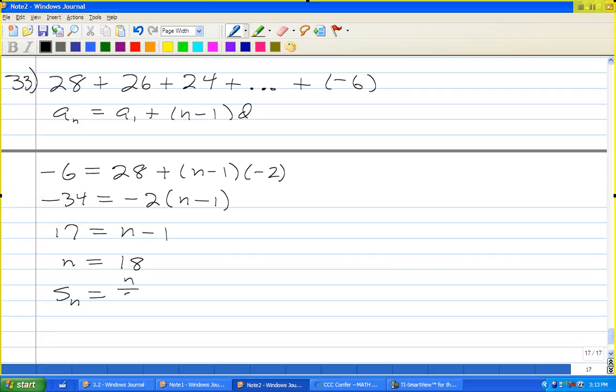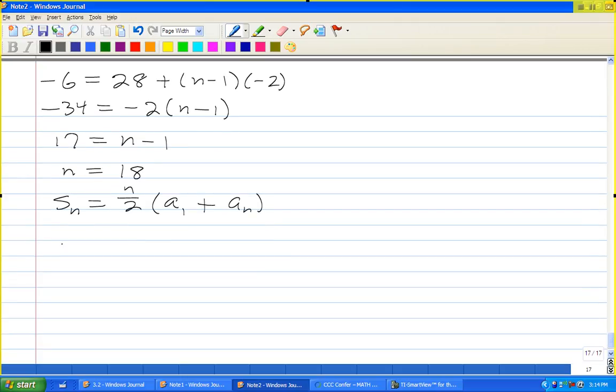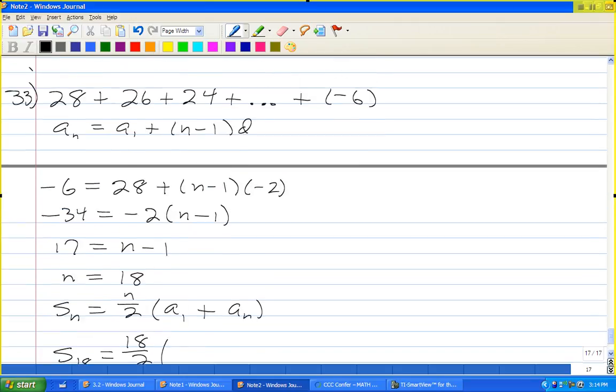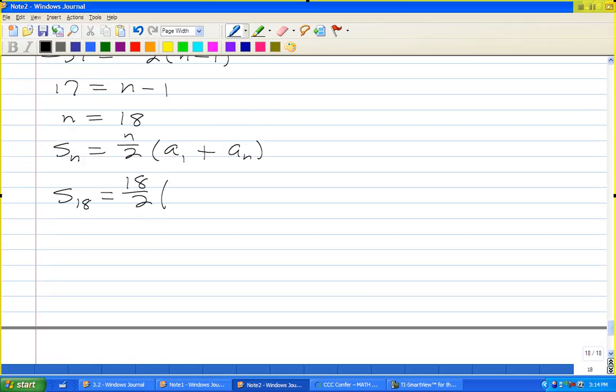Let me use the following formula to figure out the sum of the first n terms of my arithmetic series. And so to find the sum of the first 18 terms, the first term is 28. The last term is -6.